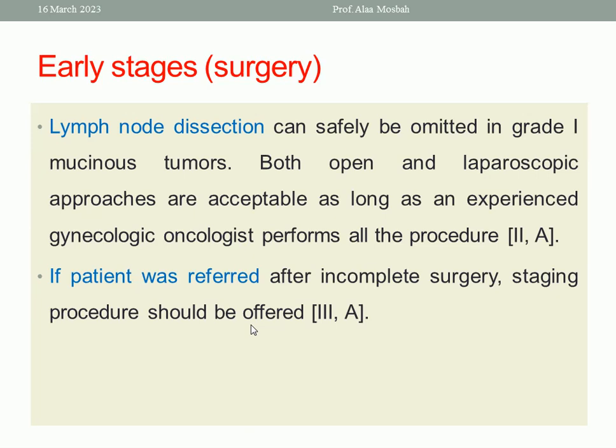Okay, if the patient was referred after incomplete surgery, she did surgery for ovarian tumor, for epithelial ovarian cancer, and it was incomplete surgery. Okay, what are you going to do? Staging procedure should be offered. So reopen this patient and do staging laparotomy and complete, as I mentioned before.